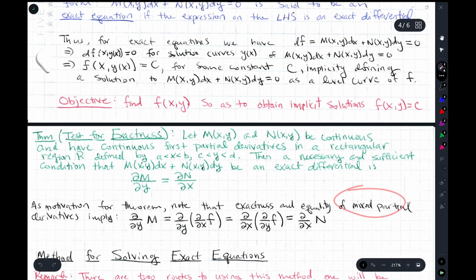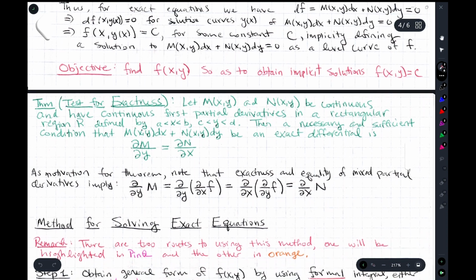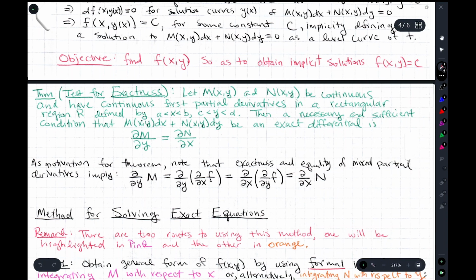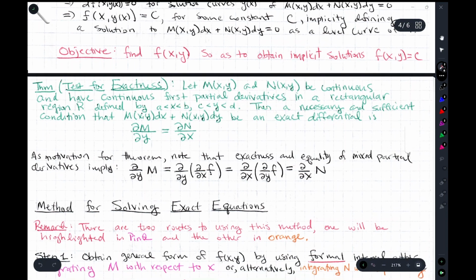Well, if we have equality of mixed partial derivatives, that is, we could switch the order so that y acts first and then x, then what's partial f partial y? It's equal to N. And so basically, if we have equality of mixed partial derivatives, we can get this, and that's what's motivating this theorem there. Okay. And with first partial derivatives being continuous, all we have to do is check this condition.